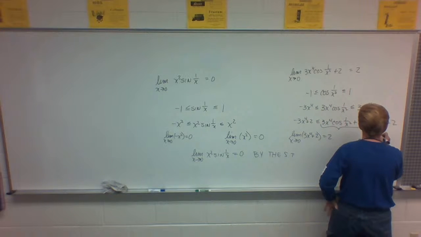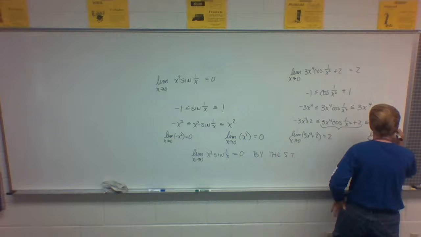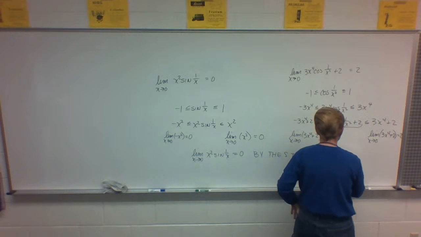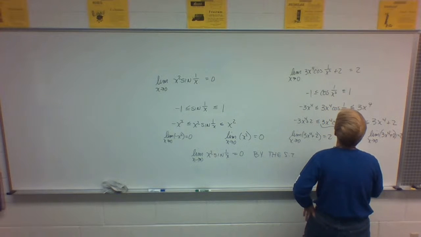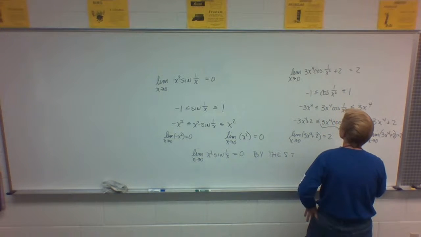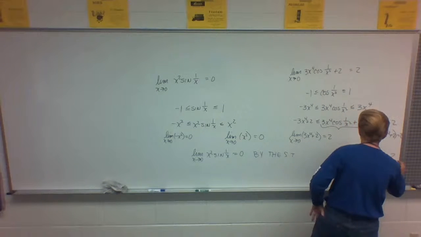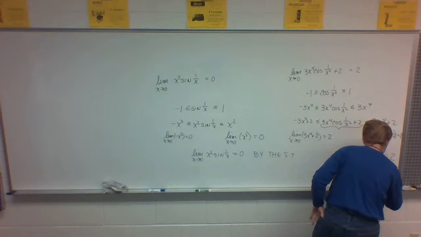Therefore, the limit as x approaches 0 of 3x to the 4th cosine of 1 over x squared plus 2 is 2 by the sandwich theorem.